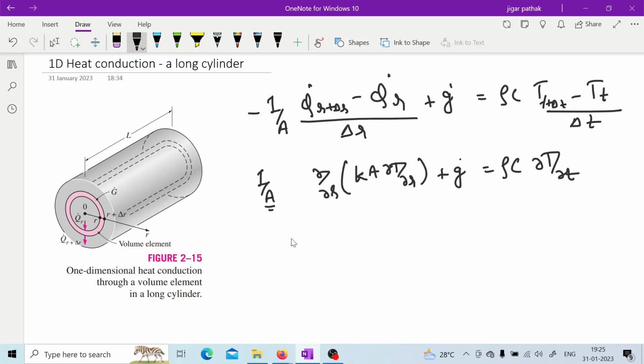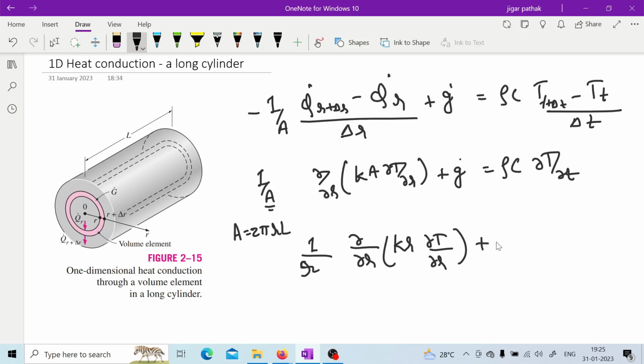If you put A is equal to 2 pi RL, then you will have this 1 upon R del by del R Kr delta T by delta R. Otherwise all the constants will be anyway cancelled, 2 pi L. So here it will be G and this rho C del T by del t.